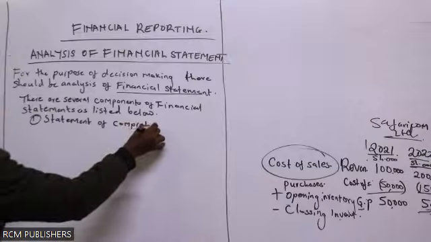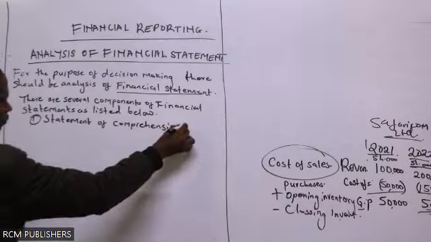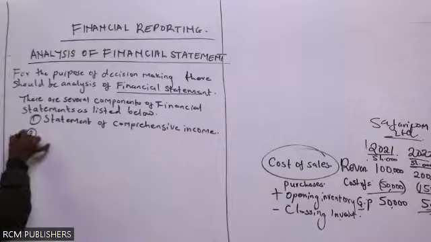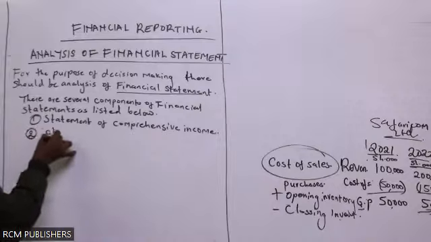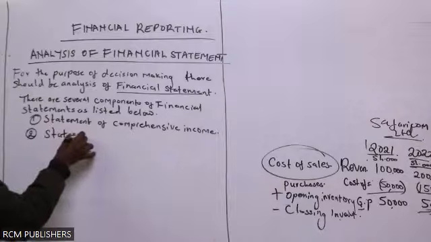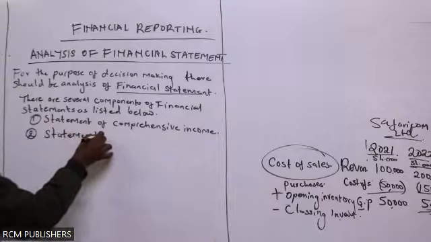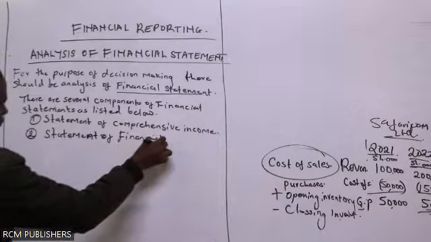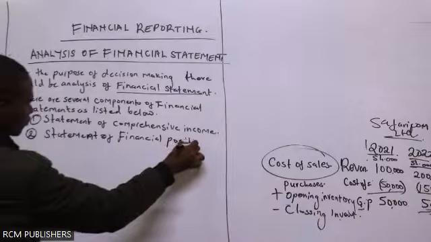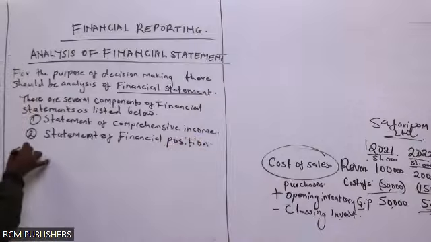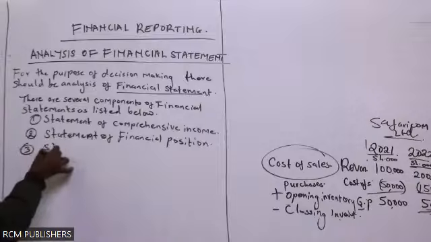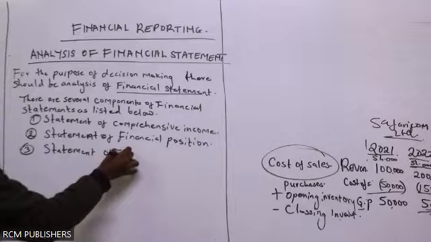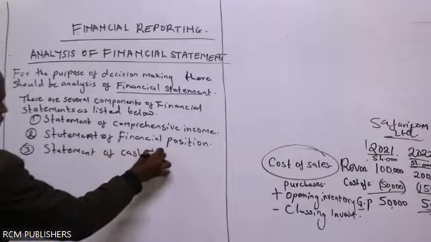Comprehensive statement of comprehensive income. Statement of financial position. We have three, statement of cash flows.